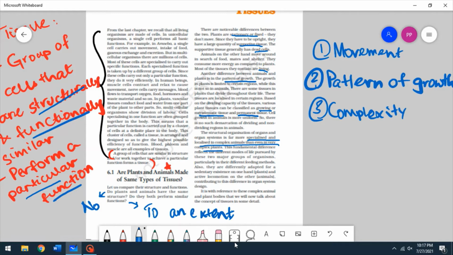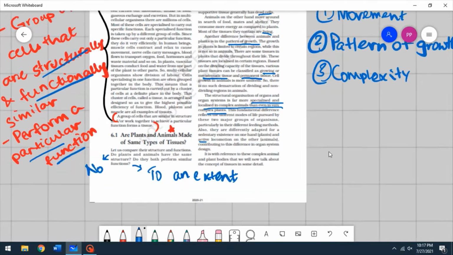Alright, so they're also differently adapted for a sedentary, non-moving existence on one hand. So plants have sedentary existence and animals have active existence, like they move a lot, there is locomotion. That is why there is a difference in organ system design.